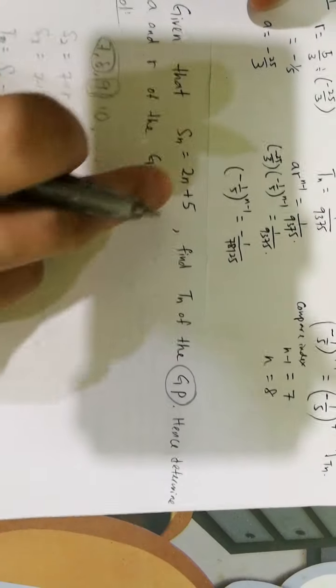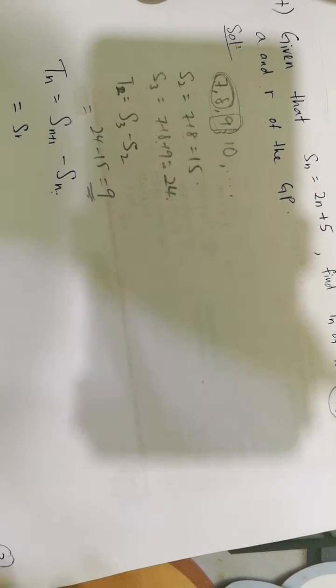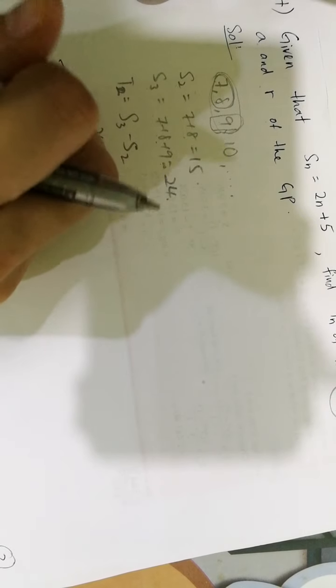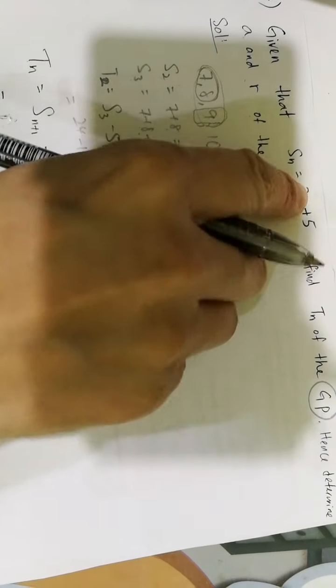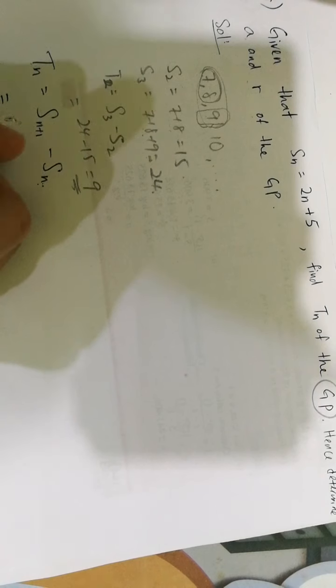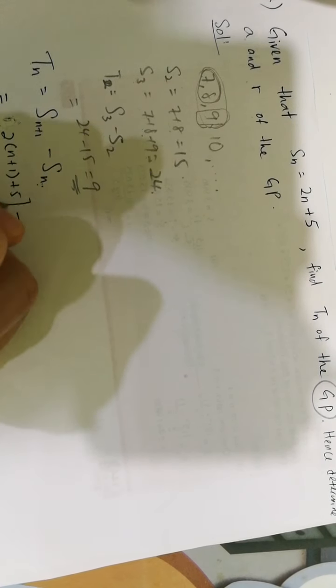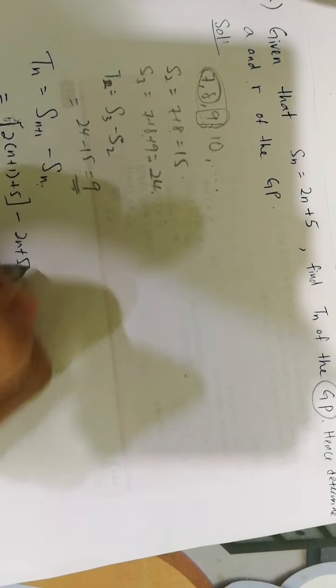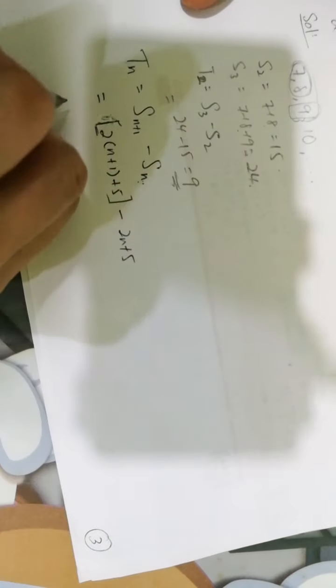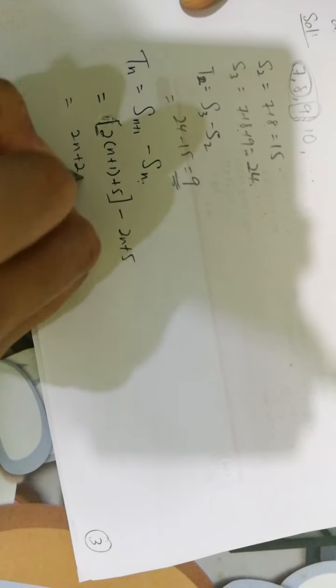Since they give you Sn equals this, to get Tn I just substitute. If n is n, then n plus 1: 2 times (n plus 1) plus 5, minus Sn, 2n plus 5. After that, 2n plus 2 plus 5, open bracket.